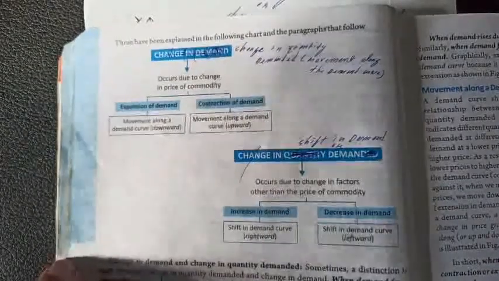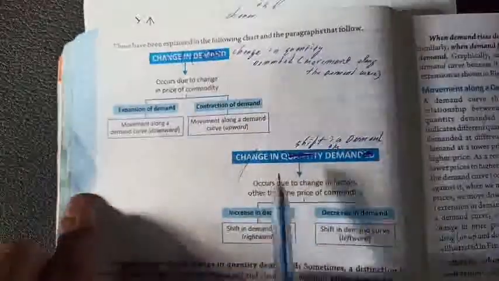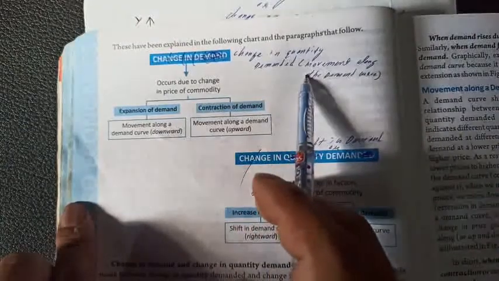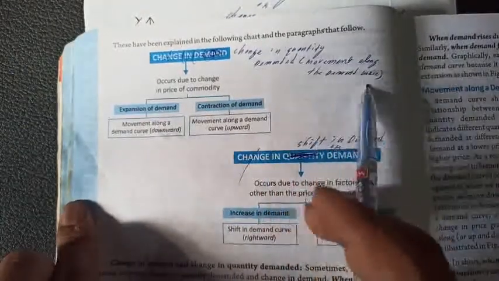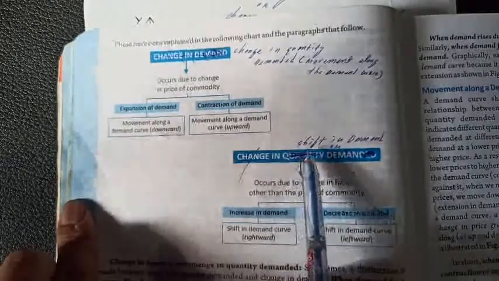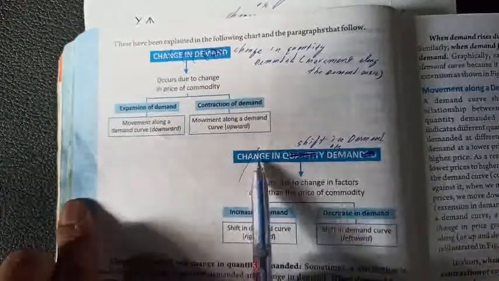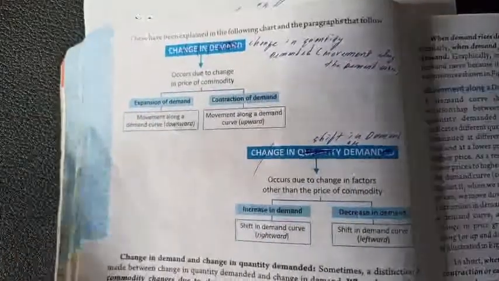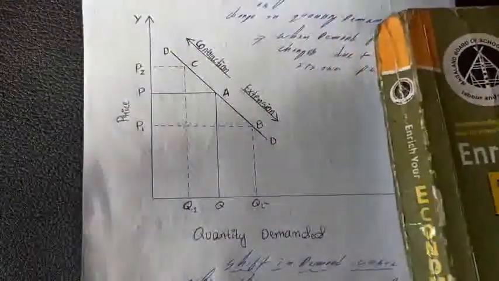I repeat again: cut change in demand and write change in quantity demanded, in brackets write movement along the demand curve. Then here cut quantity and write shift in demand or change in demand. I hope that is clear, right? Go through it again, and if there's any doubt, ask me anytime. Okay, thank you.